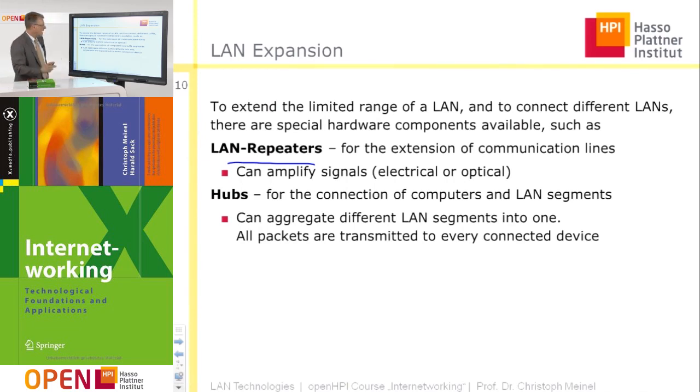We can use other hardware components to expand a local area network. For example, we can use hubs. Hubs are tools which make it possible to connect a computer to a LAN segment. By means of such hubs, one can also aggregate different LAN segments into one segment. So all the packets are transmitted to every connected device.